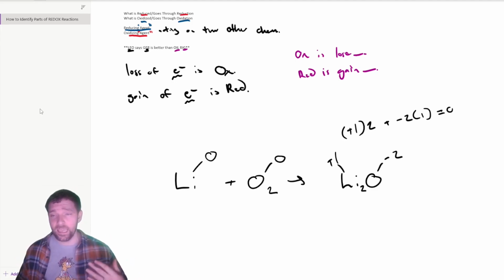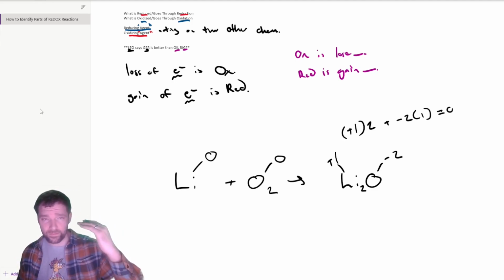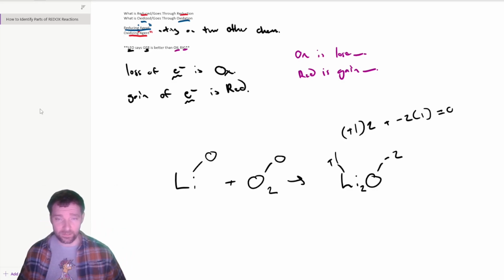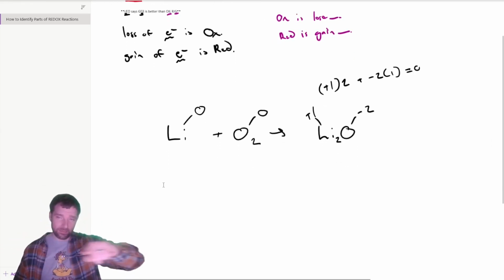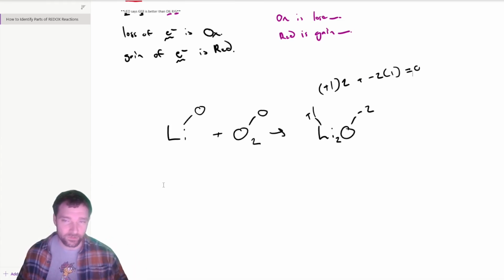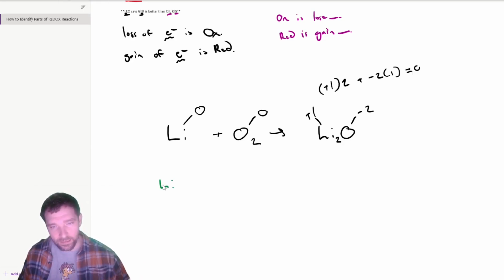Now the question is, how do we think about LEO says GER in the context of this problem? My trick is to write out a line, sentence by sentence, of very clear, easy to track things. I would start with lithium and say that lithium has increased its oxidation number.